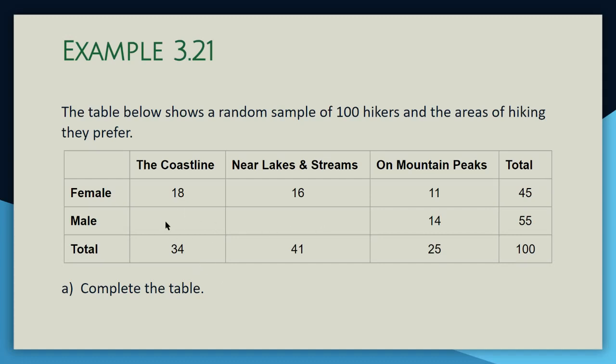And then for these two missing boxes, I'm subtracting from the totals: 34 minus 18 is 16, and 41 minus 16 is 25. So we know how all of the pieces of the table fit together, and we can use information from the total rows and columns to fill in the middle chunks.